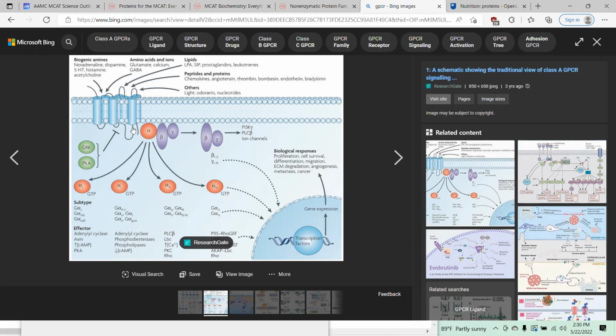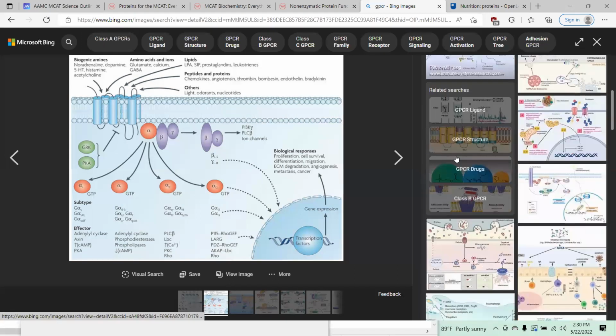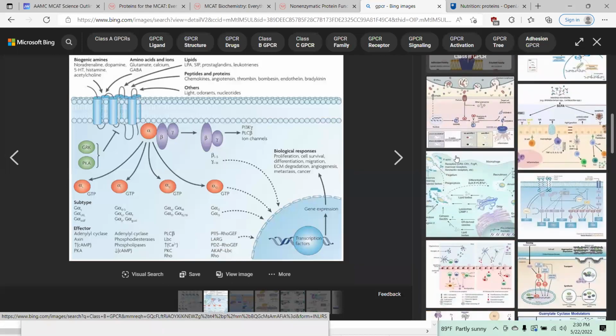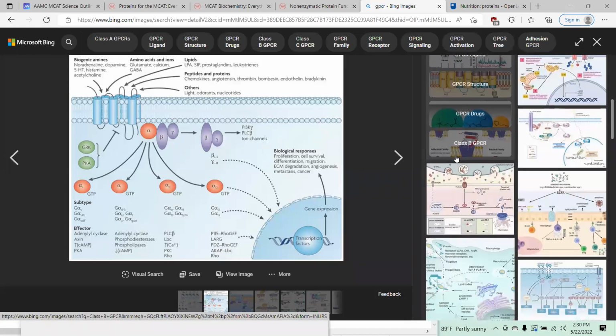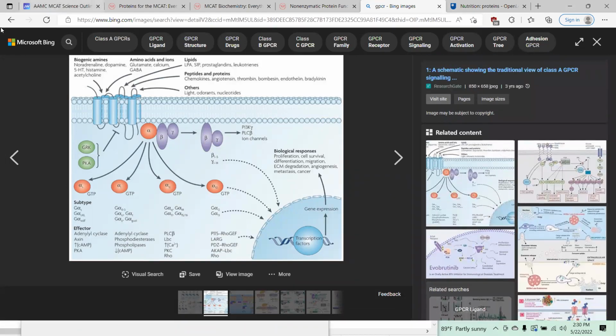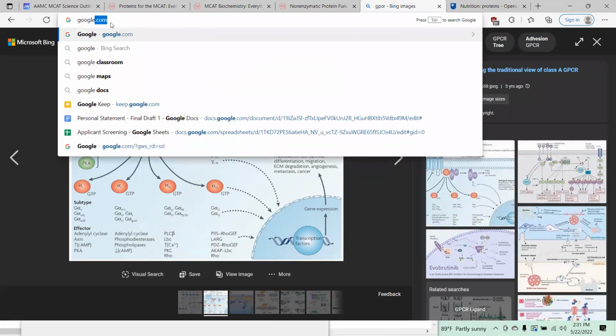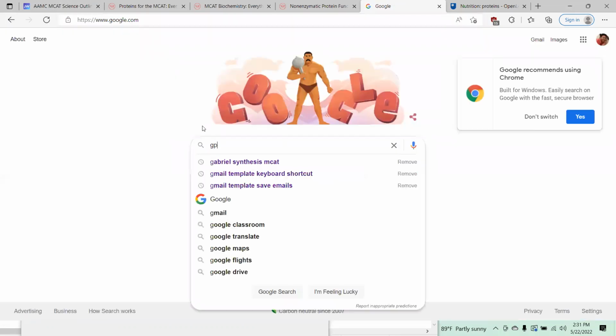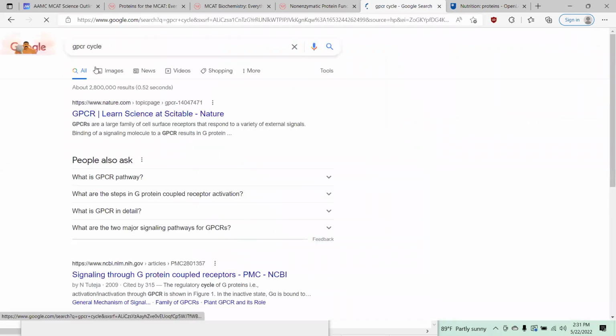And the actual way that it works is, let me see if I can find a clearer one. GPCR cycle.